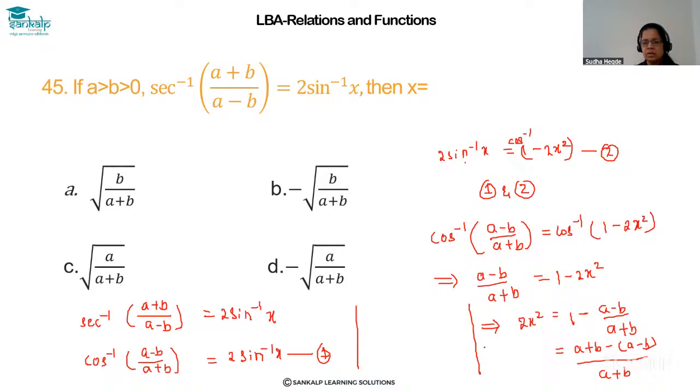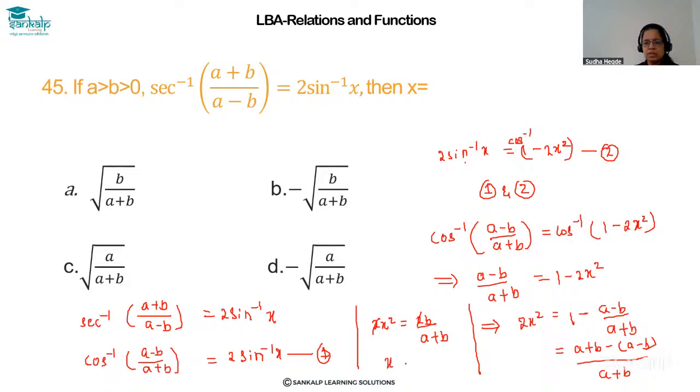Here I will write. So 2x square is equal to 2b divided by a plus b. So 2 cancels. x square is equal to b divided by a plus b.